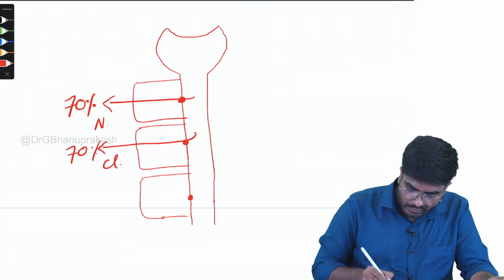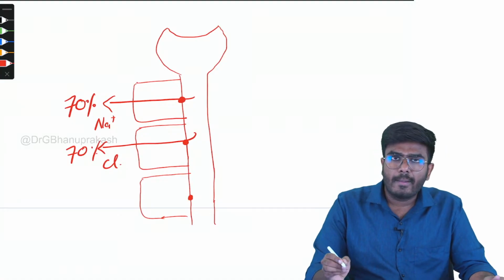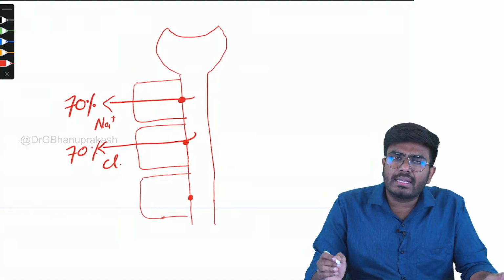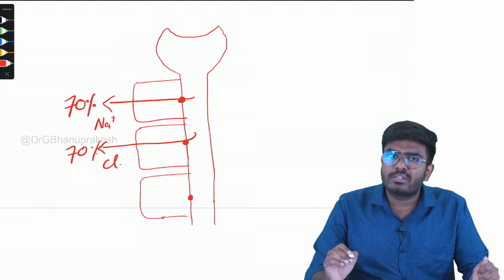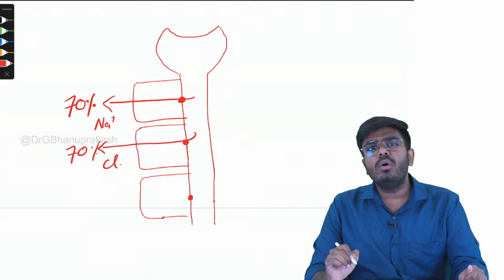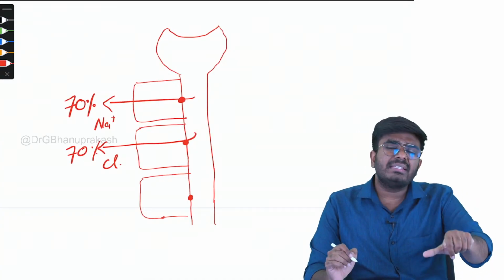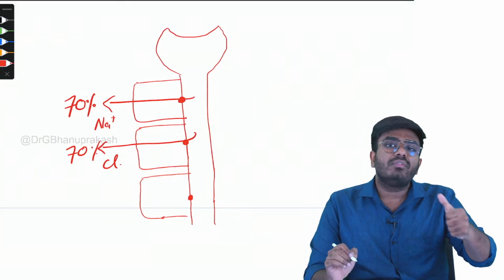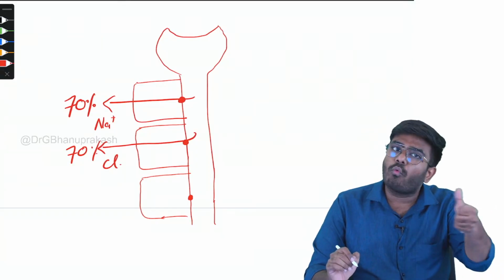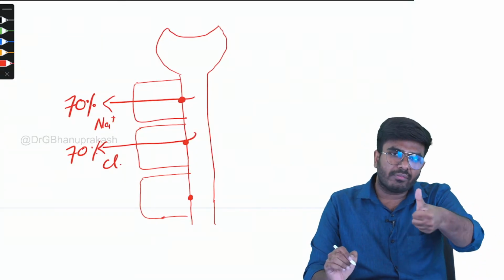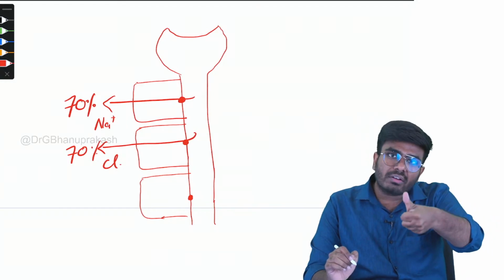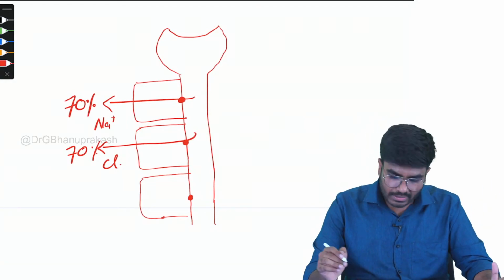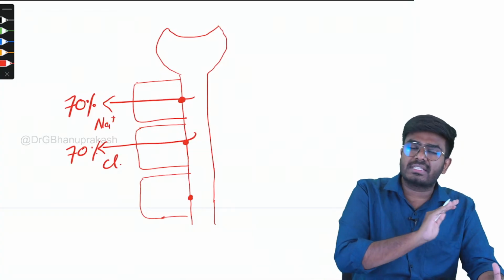What is NaCl? Sodium chloride. It's a salt, right? From our basic understanding, we have already discussed, wherever sodium goes, water will follow in the same direction, right? So 70% of sodium is getting reabsorbed.